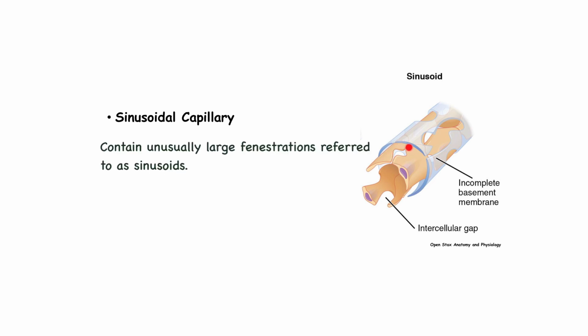And not only are they in the endothelial cells themselves, but we also see an incomplete or absent basement membrane. So these are going to allow the most things to pass through. As a matter of fact, in these areas, proteins and sometimes even cells are able to come through these areas because of these very, very large openings.